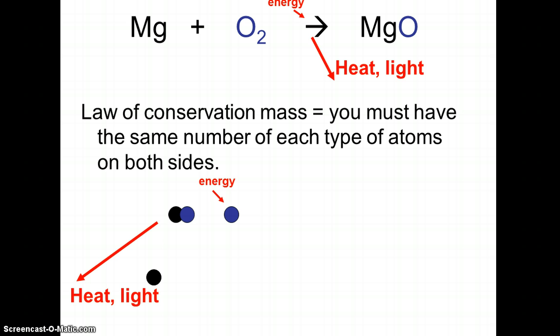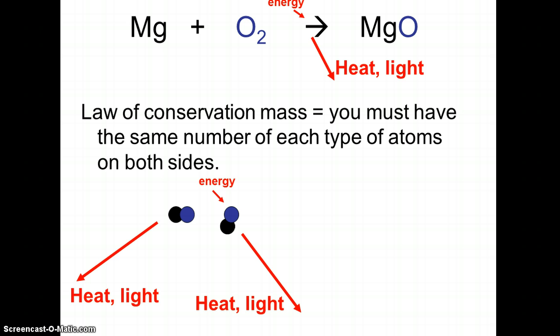A second magnesium atom will join with the other oxygen atom, once again forming a substance called magnesium oxide. So during this reaction, two magnesium atoms are needed to combine with an oxygen molecule, producing two magnesium oxides.